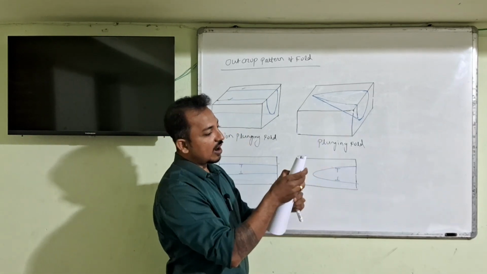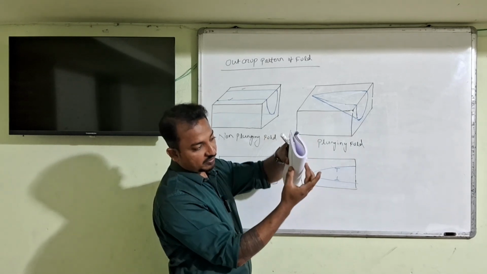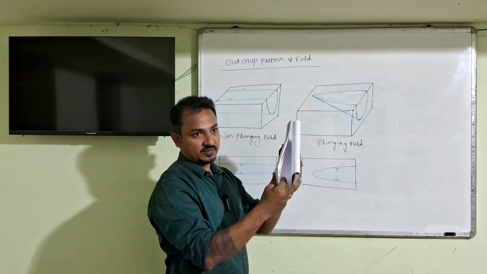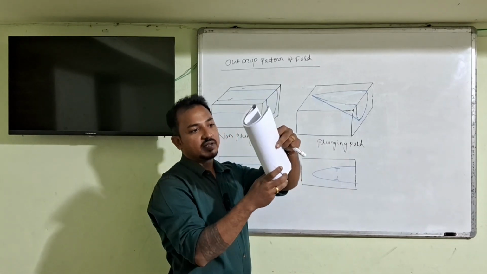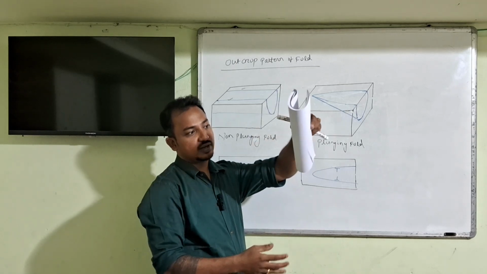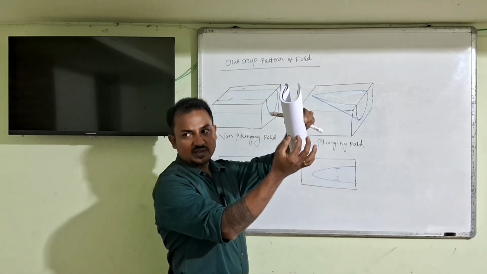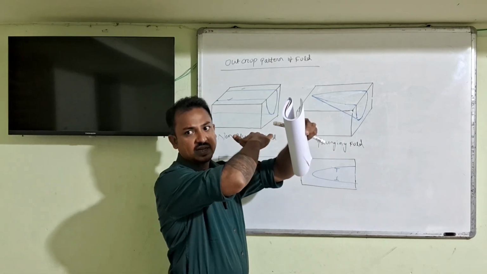Now see the outcrop pattern in a syncline fold, they will converge in the opposite direction of the plunge. So here, if it is a syncline, these will converge in this direction, but the fold axis is plunging in this direction.